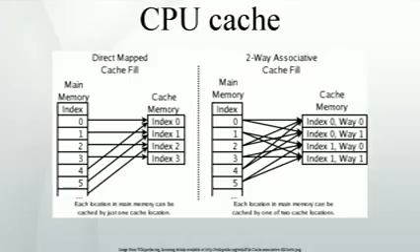K6-3 included 256 kilobytes of on-die L2 cache and took advantage of the on-board cache as a third-level cache, named L3. Motherboards with up to 2 megabytes of on-board cache were produced. After Socket 7 became obsolete, on-motherboard cache disappeared from x86 systems.